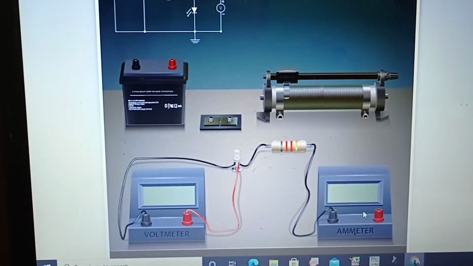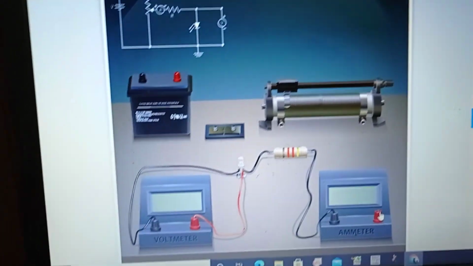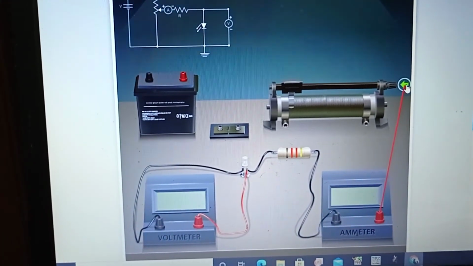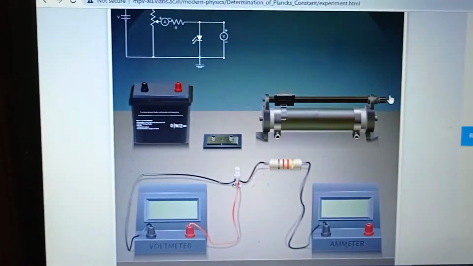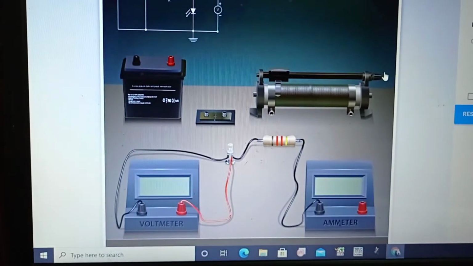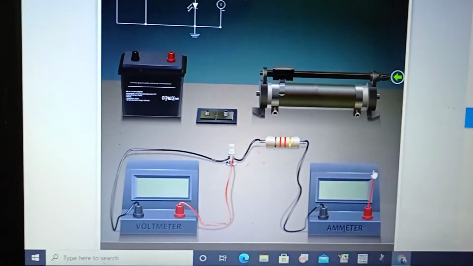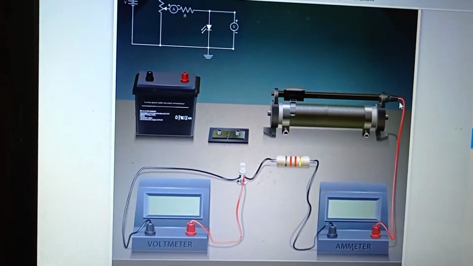Now the positive terminal of the milliammeter is connected to the rheostat. Like this, the connection is done.